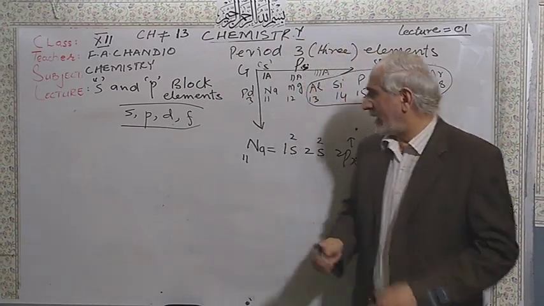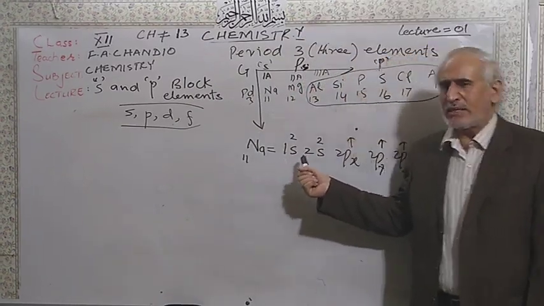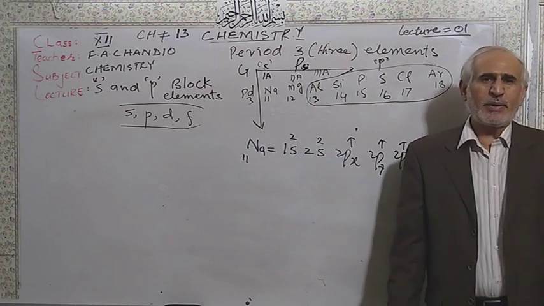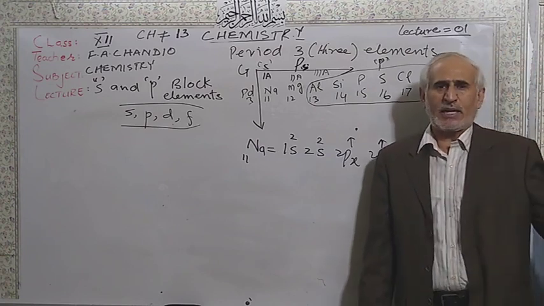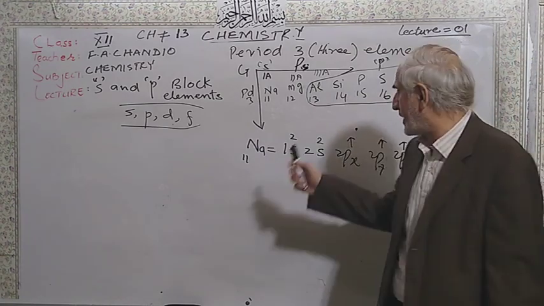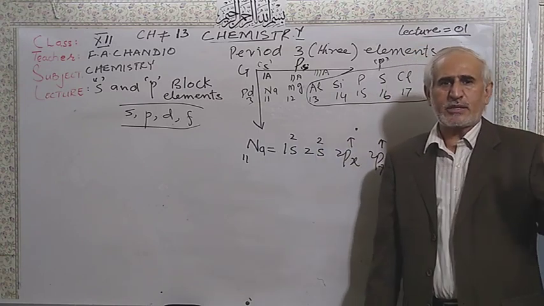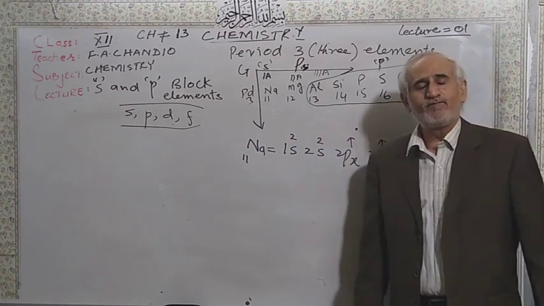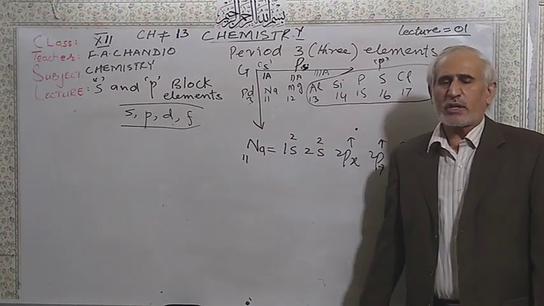The Aufbau principle says that if you are going to arrange the electrons in the different sub-energy levels, first you have to put the electron in the lowest energy level, that is 1s. I am not going to discuss details, we did it in grade 11. Lowest energy for the s.